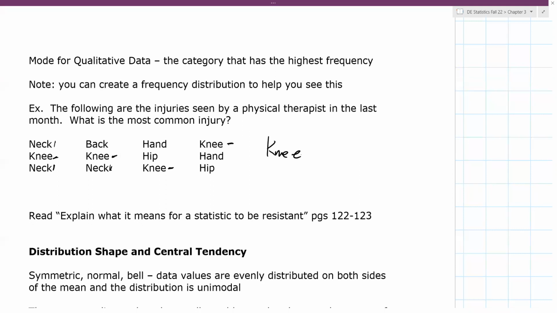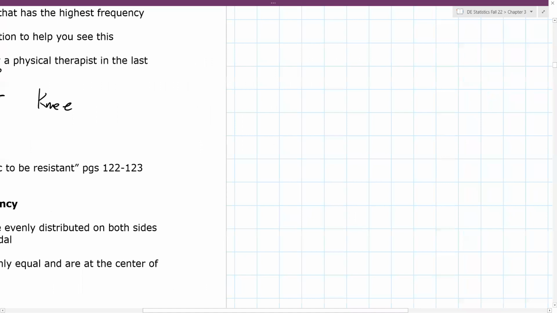When we talk about a statistic being resistant, we're talking about how new data points affect our previous data set. So let's say I have a data set that looks like this: 3, 4, 5, 6, 7.